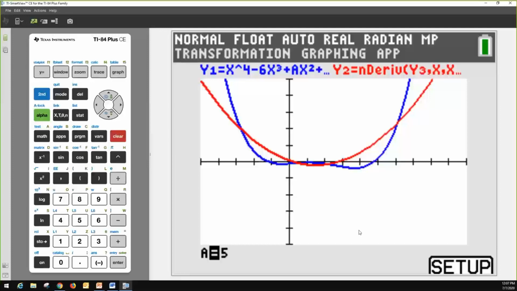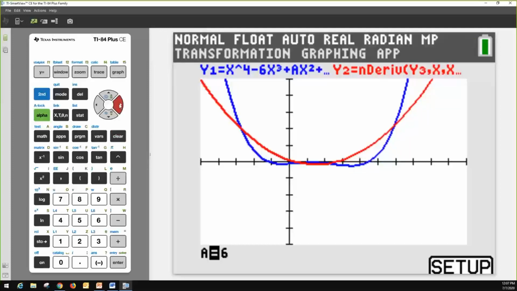So what happens as I change the value of a is that the original polynomial will change. It takes a moment, and then the second derivative changes. So I'll change it again, and we can see that as I increase the value of a, our parabola is moving up ever so slightly, and our polynomial degree 4 is also changing.